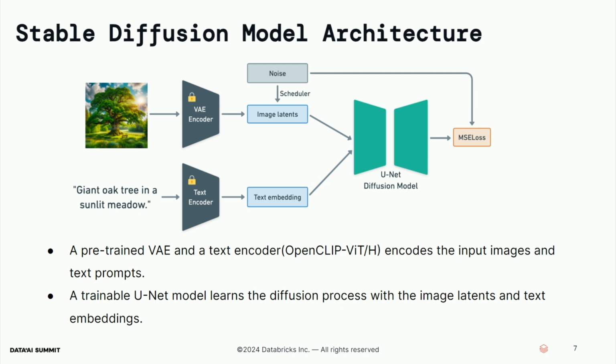There's a noise scheduler that adds some noise into the image latents, and these two get input into the UNet model. The UNet model will learn the diffusion process by predicting the noise you added to the image latents, and then calculate the MSE loss as the training signal. And this overall data flow looks pretty straightforward.